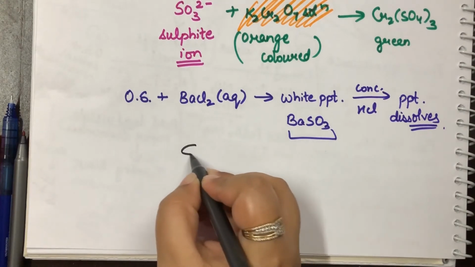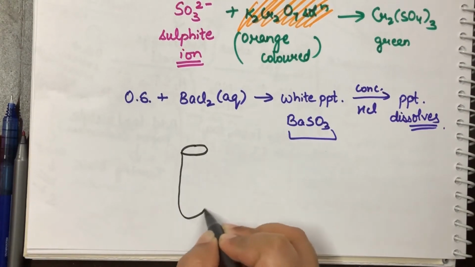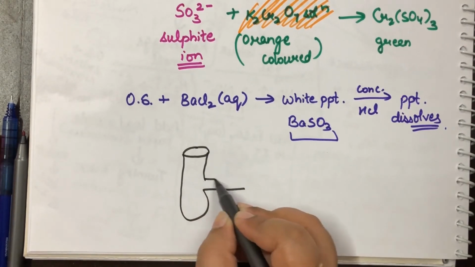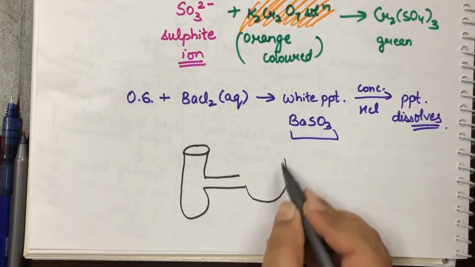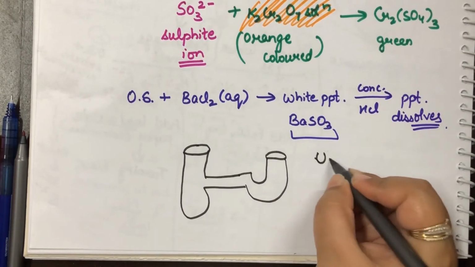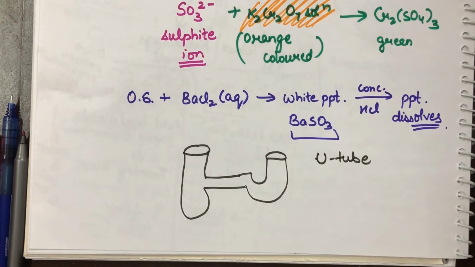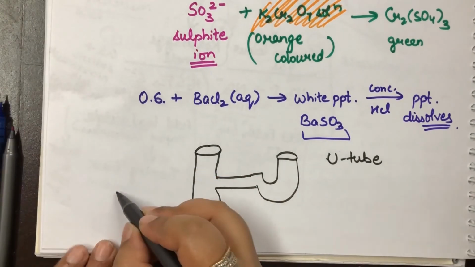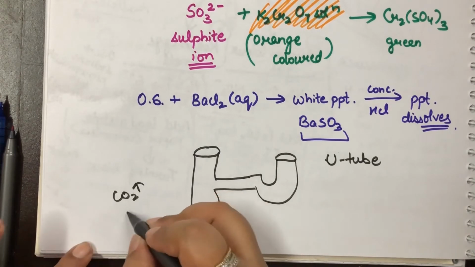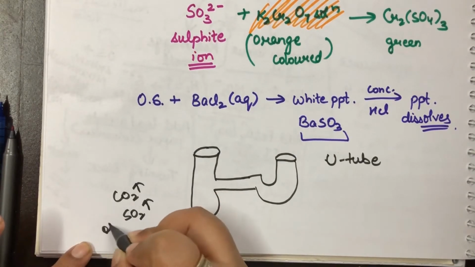Also one more way by which you can confirm your anion, if it is sulfite or carbonate, is by using this particular apparatus which is called a U-tube. This is going to be used for two of your salts: carbon dioxide gas for the carbonate, and sulfur dioxide from your sulfite.